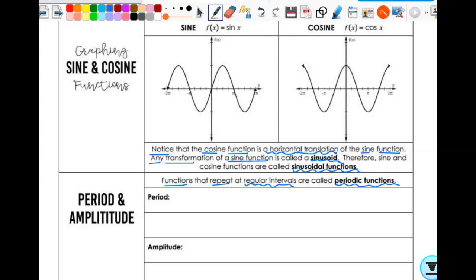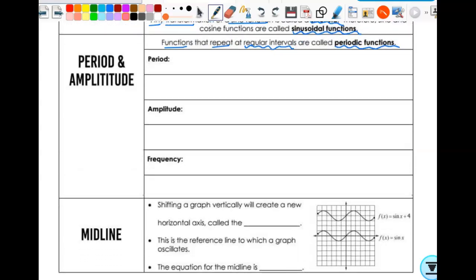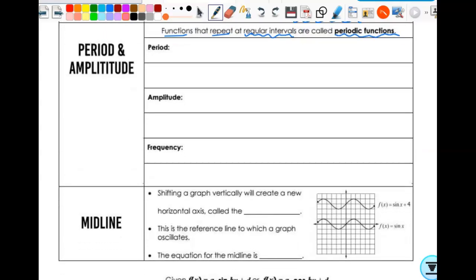We're going to fill in some definitions and we'll come back up here and label some stuff on these graphs. We've talked about period, amplitude, and frequency, but I'm going to give you the actual definitions of them. So your period, it is the length of one cycle.